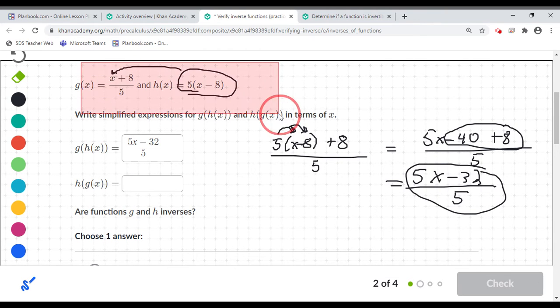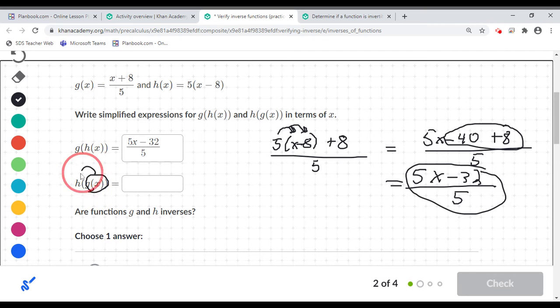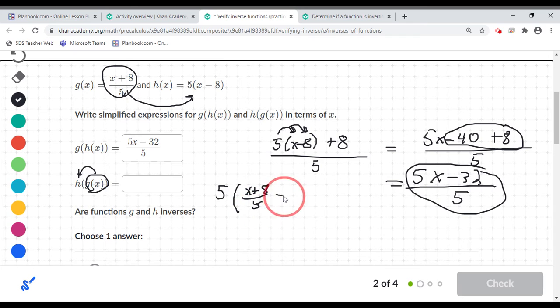So now I'm going to have to plug in g of x into h. Let's work that out real quick. x plus 8 over 5, then minus 8. If I want to combine fractions in here, I'll have to have a common denominator. So I'm going to have to rewrite 8 as 40 over 5, because 40 divided by 5 is 8.